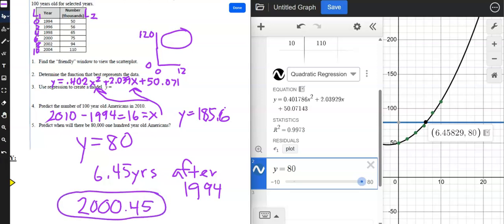So almost halfway through the year 2000, we've hit the 80,000 100-year-old Americans mark. Anyway, let's see what's next.